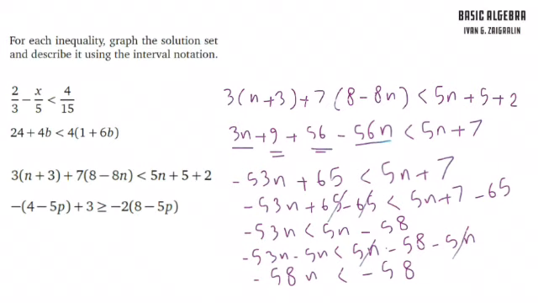So negative 58n over negative 58 is greater than negative 58 over negative 58, and this is 1 and this is 1. So the result is n is greater than 1.